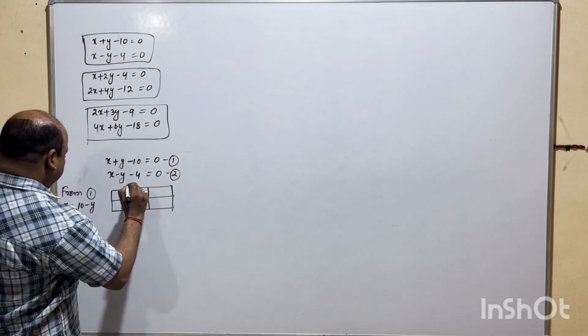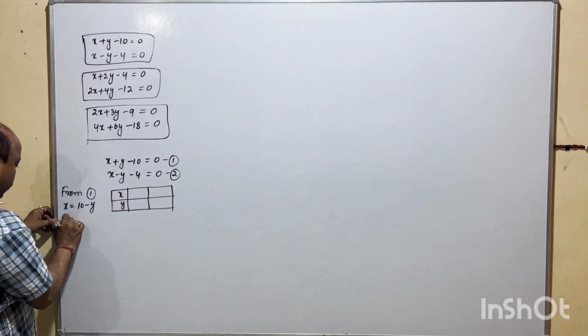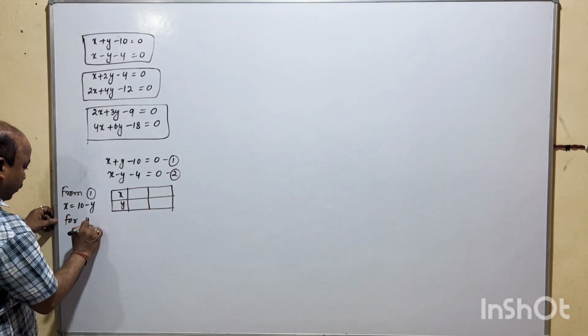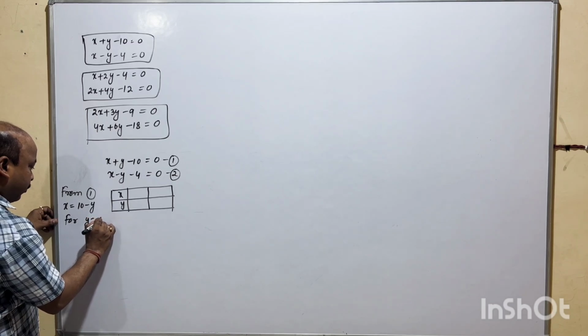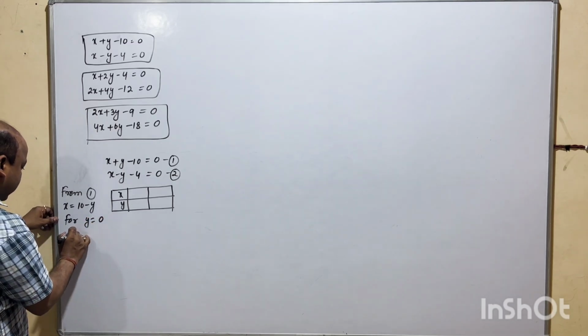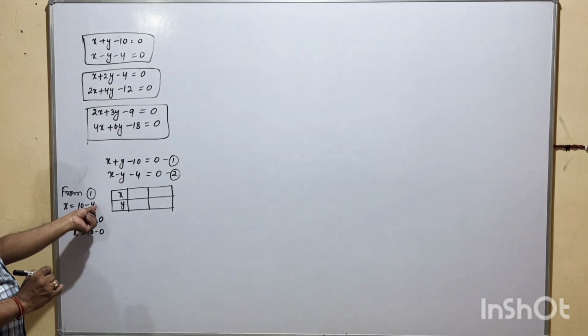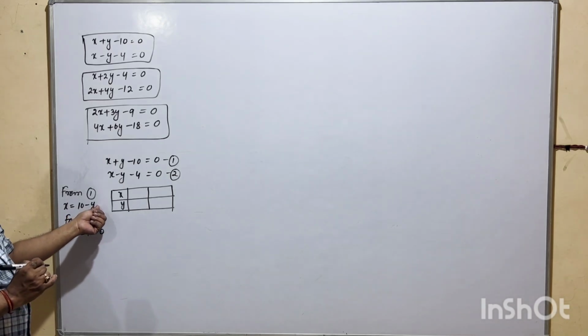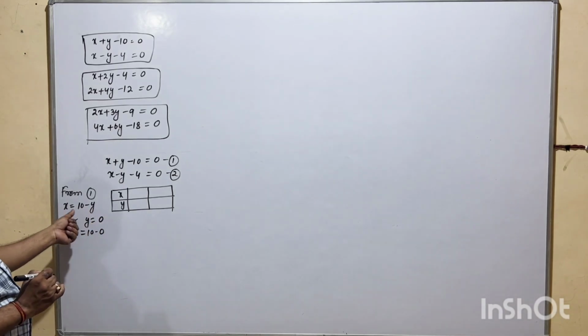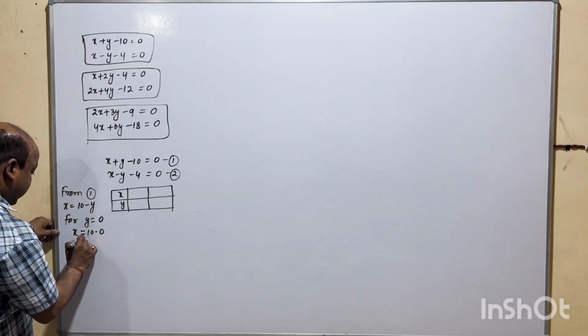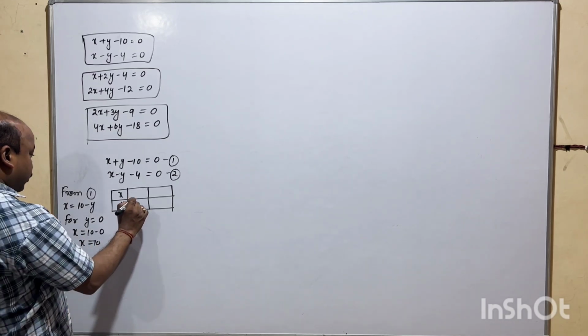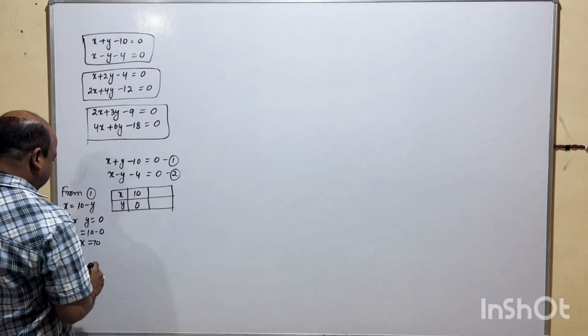Suppose I put y equal to 0, so x is equal to 10 minus 0. Here y is the independent variable, x is the dependent variable in this case. So x is equal to 10. For y 0, x is 10, right?